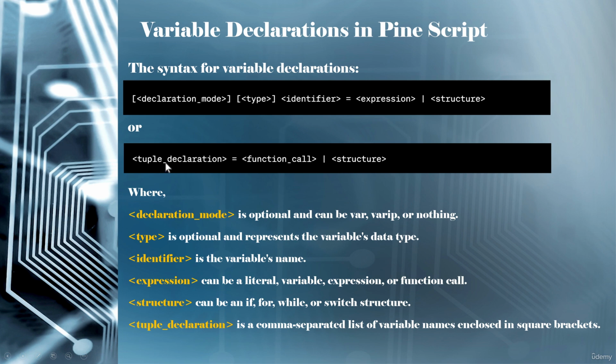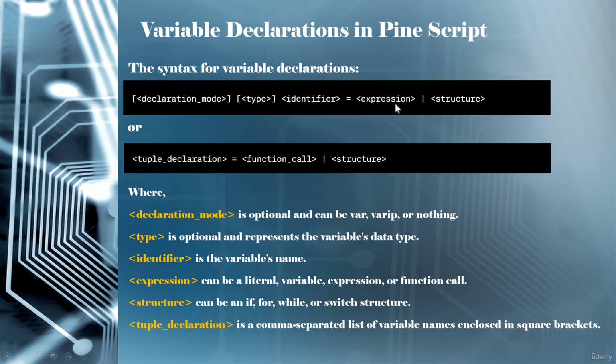Or it could be tuple declarations, equal sign, function call, or structure, where declaration mode is optional and can be var, varip, or nothing. Type is optional and represents the variable's data type, such as int or float, for example. Identifier is a variable's name.